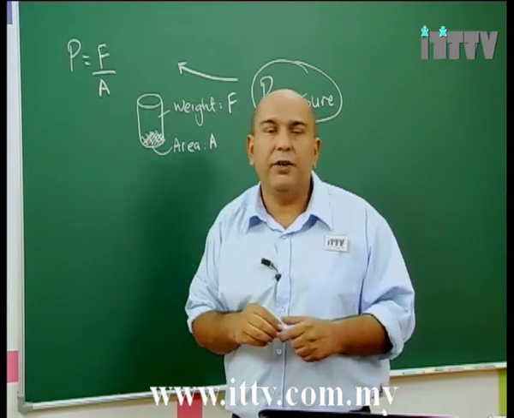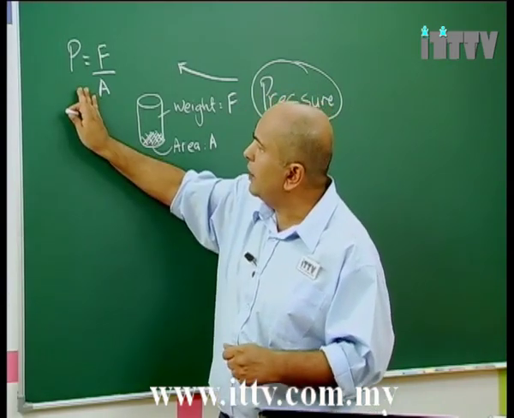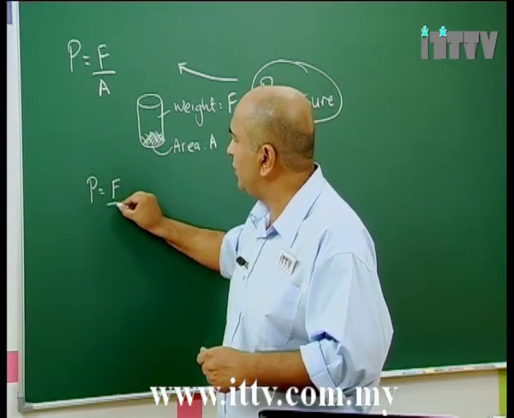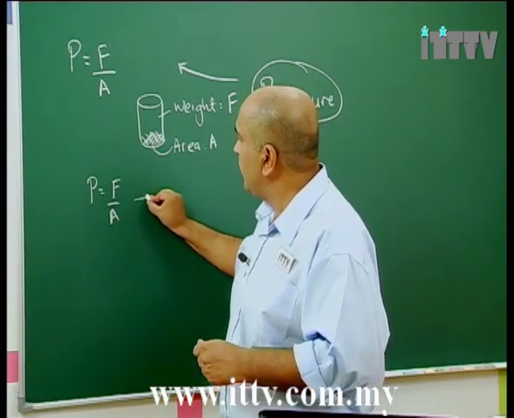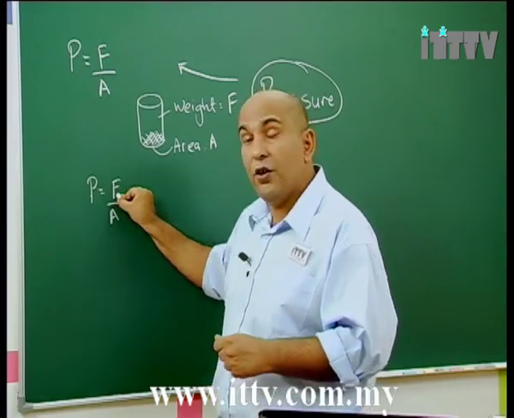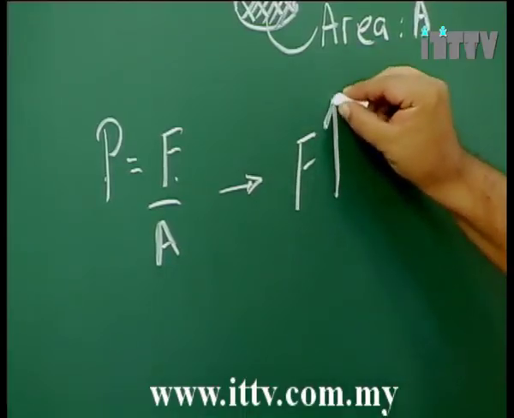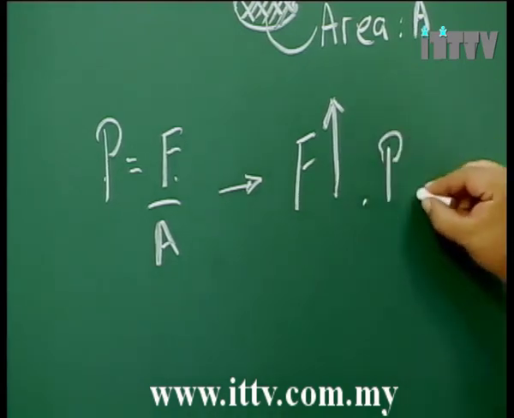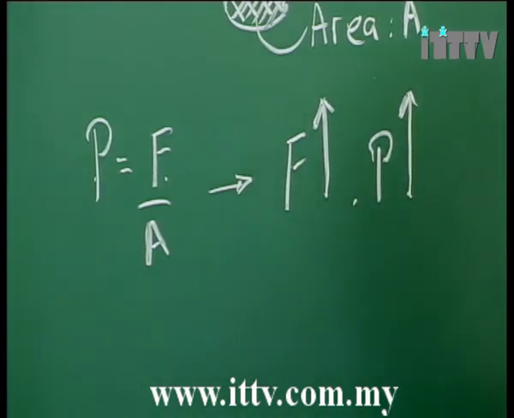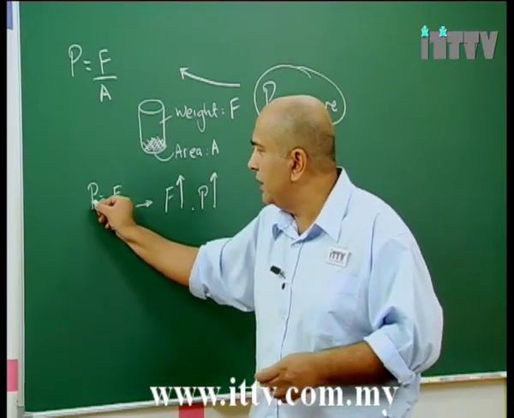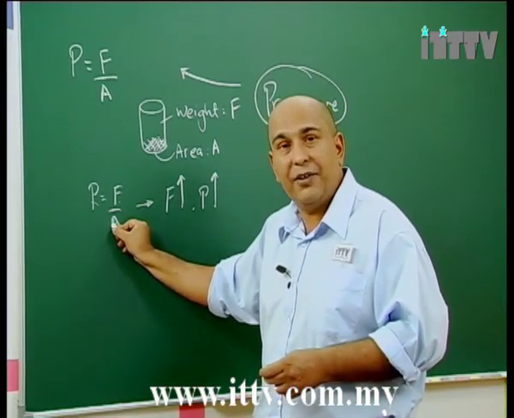Now, what were the key relationships? If we look at the formula here, pressure equals force over area, which means that pressure and force are directly proportional. If your force increases, your pressure will increase. What about the relationship between these two, pressure and area?